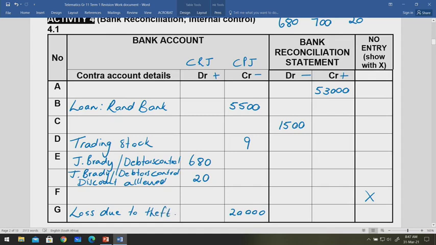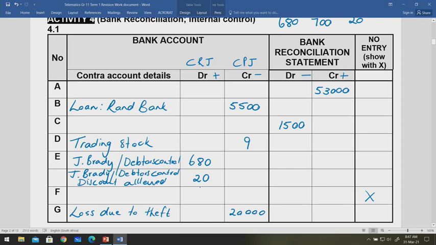Whenever we do the statement of comprehensive income, then that 20,000 will be shown as an expense, loss due to theft. So if anybody looking at the financial statements will realize that this was important, because it is a separate account. It's not shown as sundry expenses.